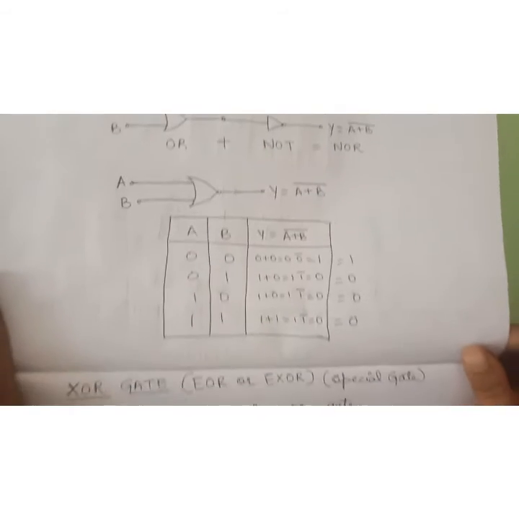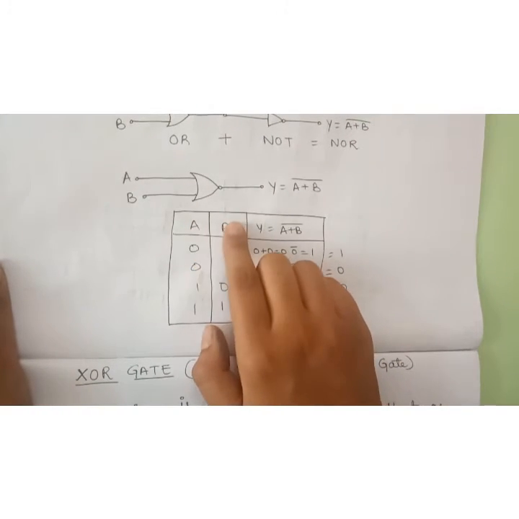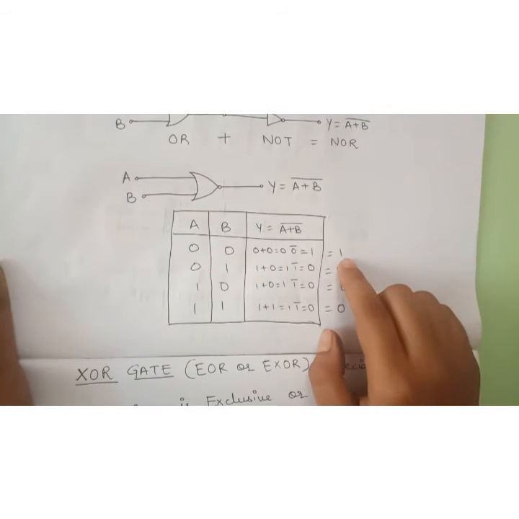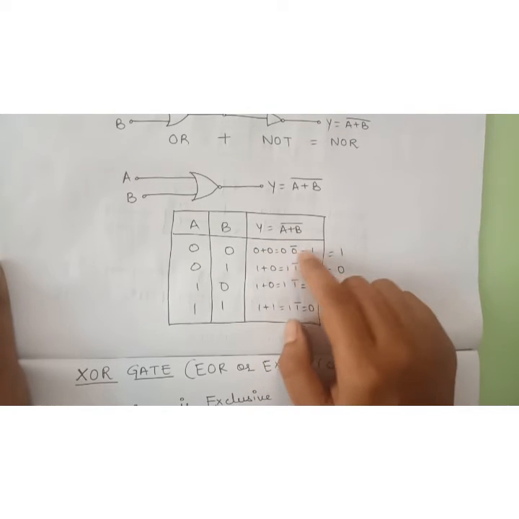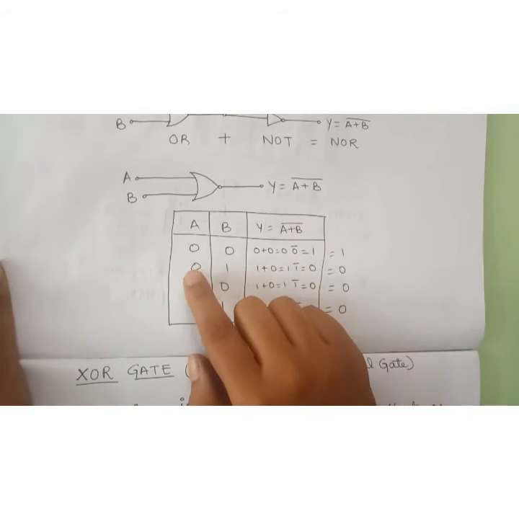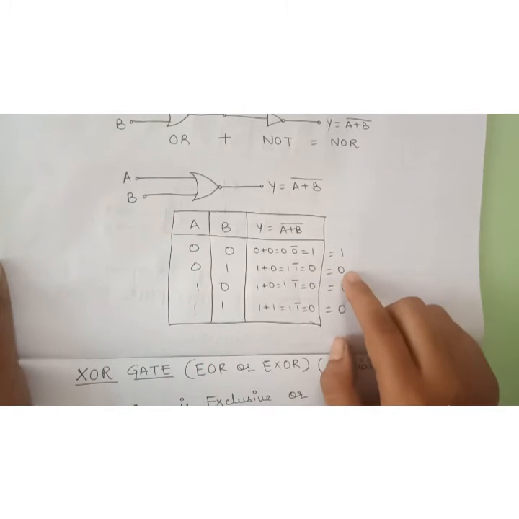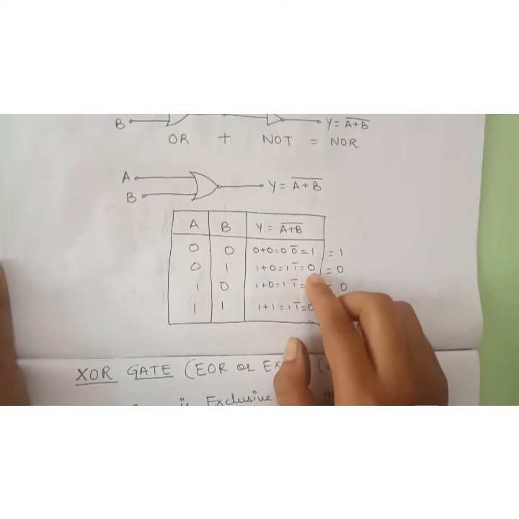Let's understand this through the truth table. Here you can see the two inputs A and B. If we give the inputs as 0 0, then our output will be 1, because 0 + 0 is 0 and 0 bar is 1. Next, if we give the inputs as 0 and 1, then our output will be 0, because 1 + 0 is 1 and 1 bar is 0.